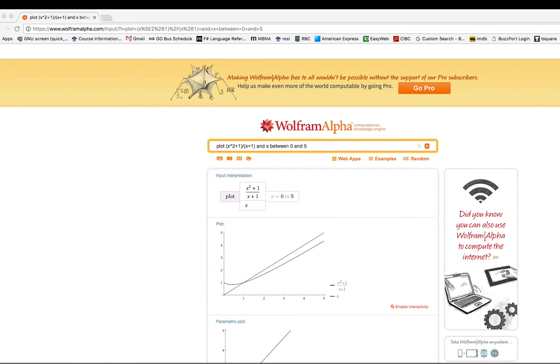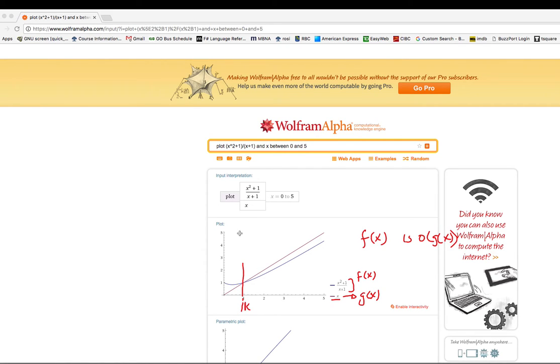What I can notice is this function in red is g of x, and over here (x squared + 1)/(x + 1) in blue is the actual function f of x. The question here is whether f of x is BigO of g of x. I can see that the statement is true because g of x, in red, does happen to be an upper bound after you cross this k, whatever that k is.